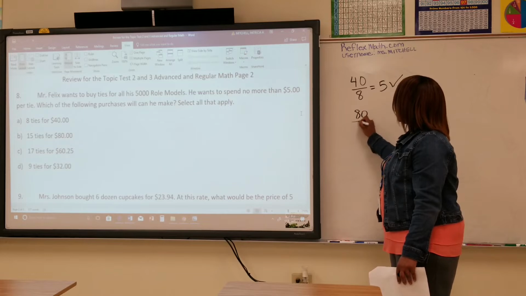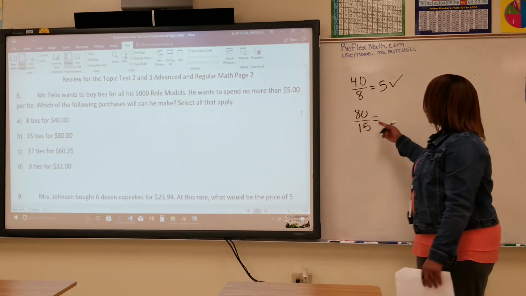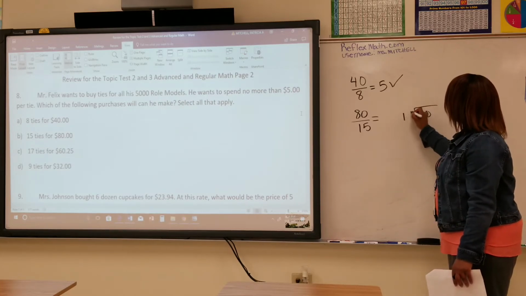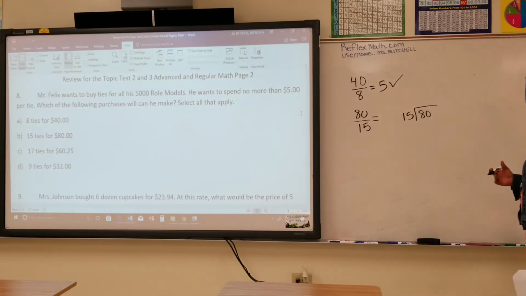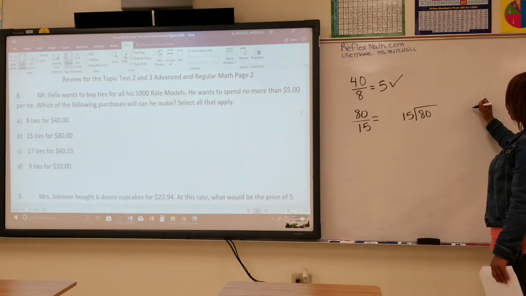B, it says 15 ties for $80. So we take that $80 and we divide it by 15. So when we divide it, 15 goes into 80. Let's see. We know that 2, 4, 60, 75.